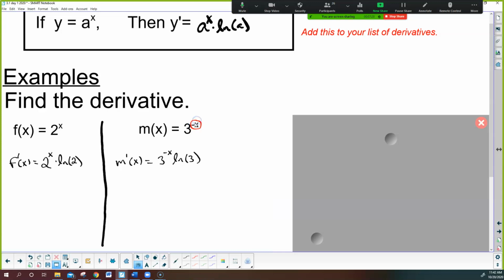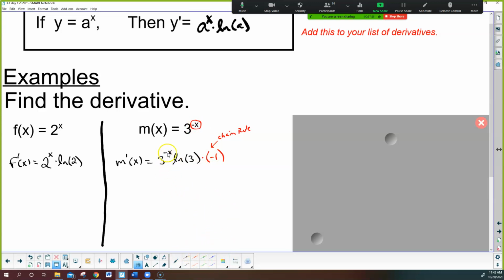Notice, negative x is my inside function, so I'm going to multiply by the derivative of negative x, which is negative 1. And when I wrote out my homework solutions for tonight's homework, I used a red pen and I just said chain rule. So that way you guys knew that I did the chain rule there.